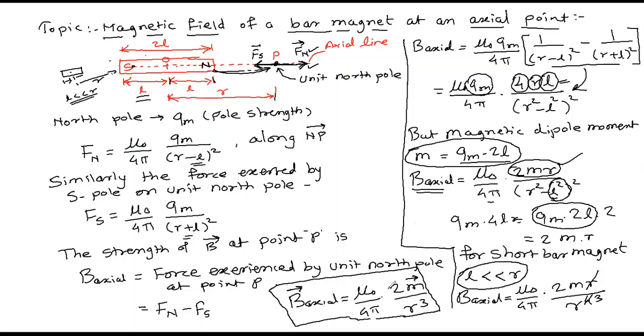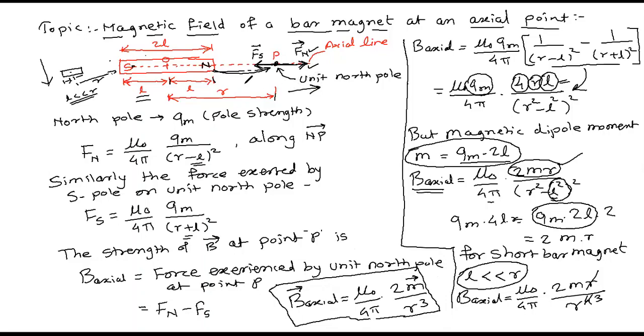From all the steps we have approached, we got this relation for the magnetic field of a bar magnet at an axial point. The magnetic field at any point on the axial line of the magnetic dipole is in the same direction as that of the magnetic dipole moment. You see the direction here, the resultant direction will be in this direction only.